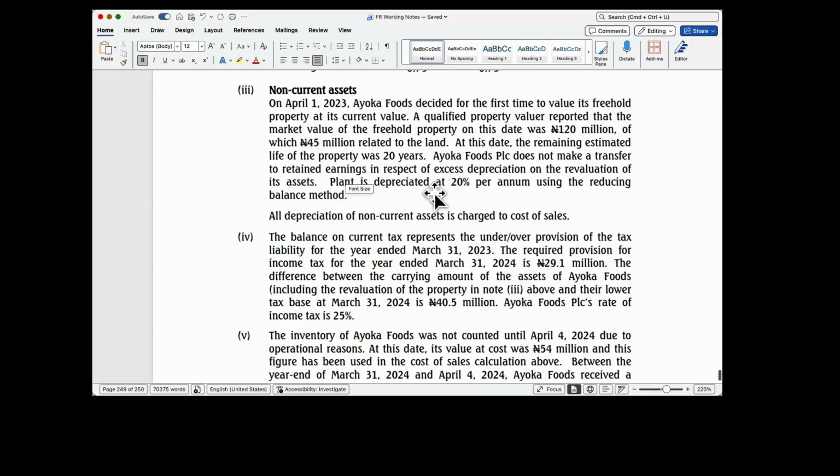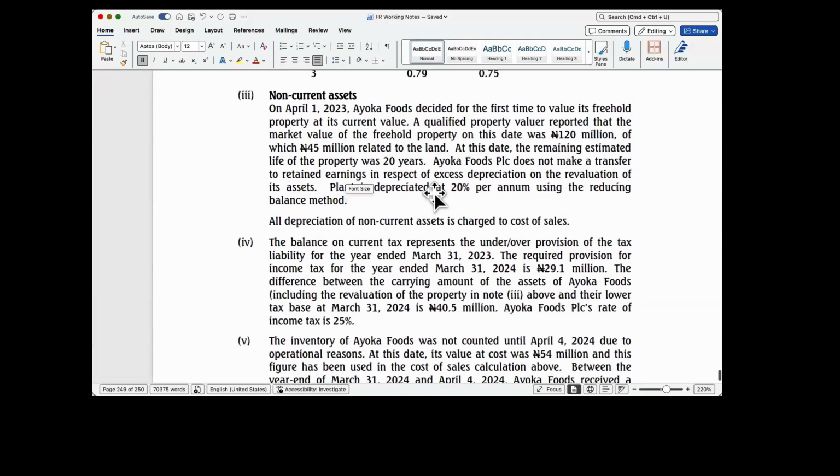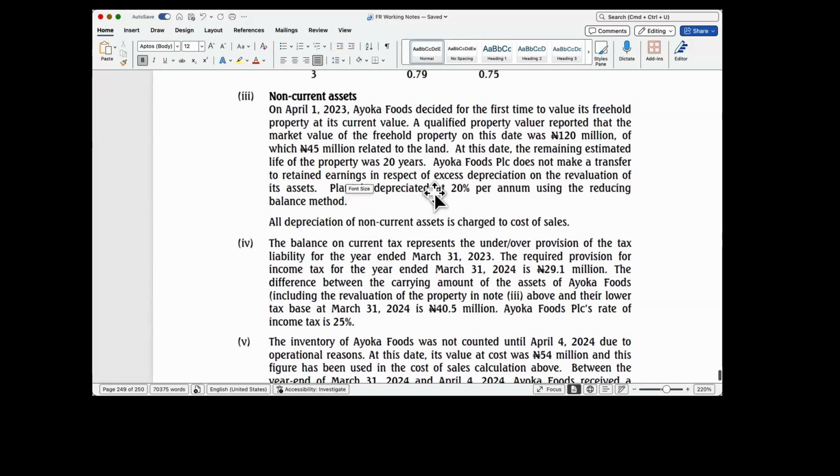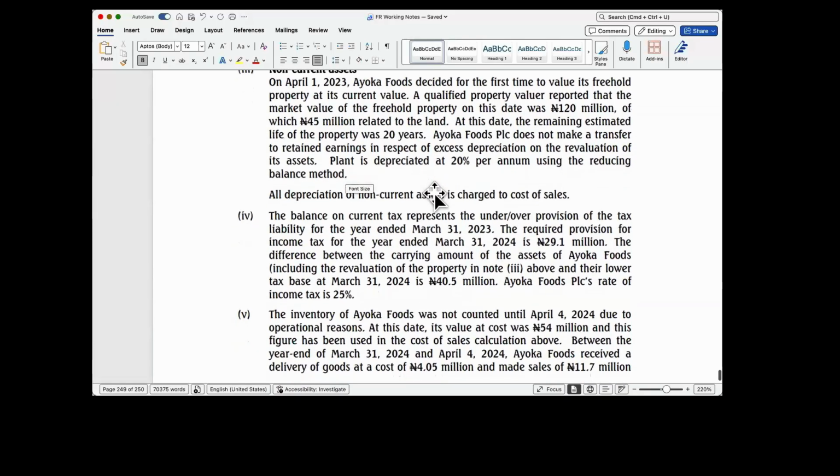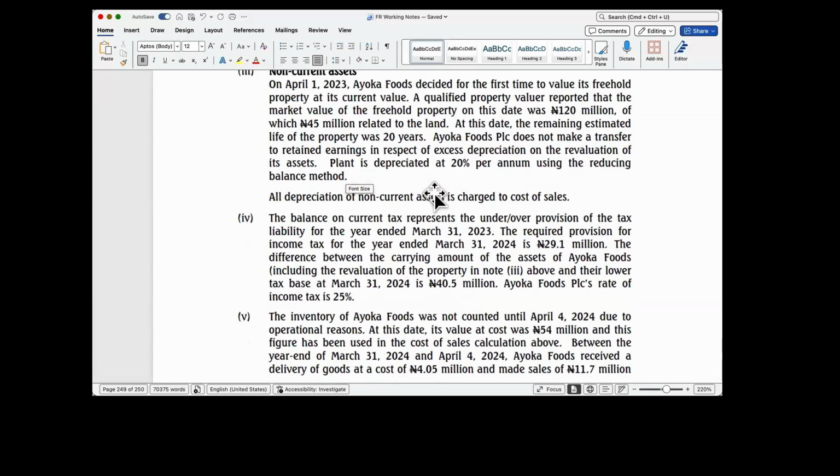The difference between the carrying amount of the asset of Ayoka Foods, including revaluation of the property in Note 3, and their lower tax base at March 31st, 2024 is 40.5 million. Ayoka Foods PLC rate of income tax is 25%.